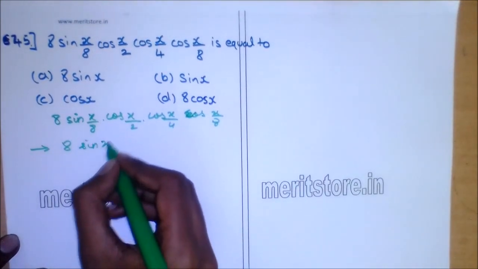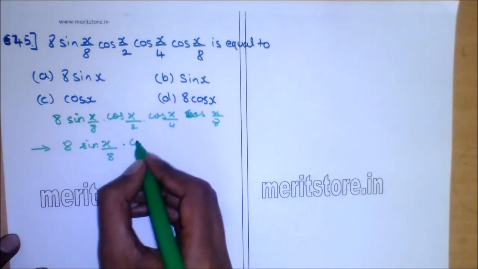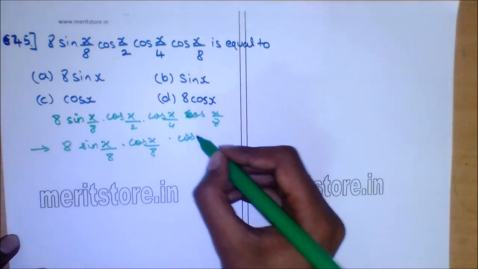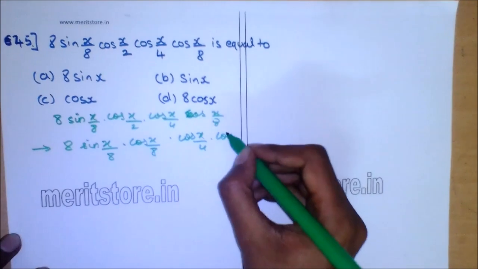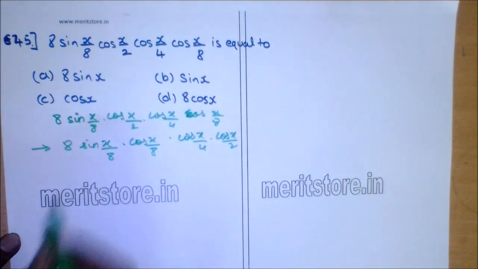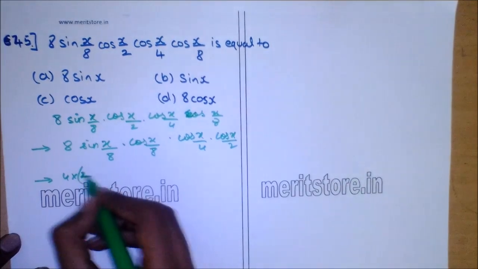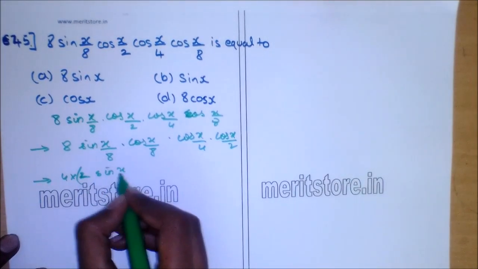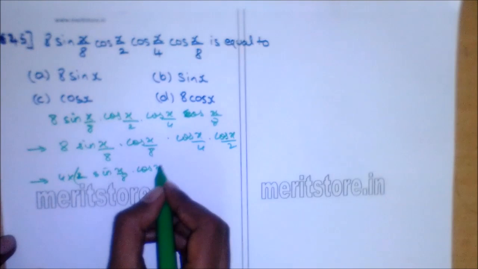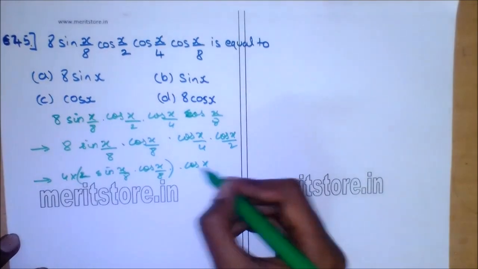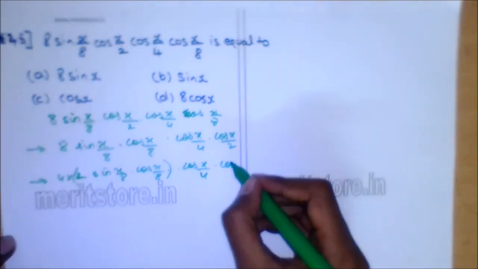So we get 8 sin x upon 8 into cos x upon 8 into cos x upon 4 into cos x upon 2. This is 4 into 2 into sin x upon 8 into cos x upon 8 into cos x by 2, x by 4 cos.